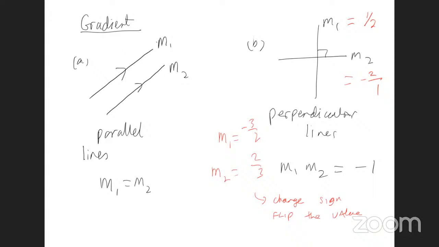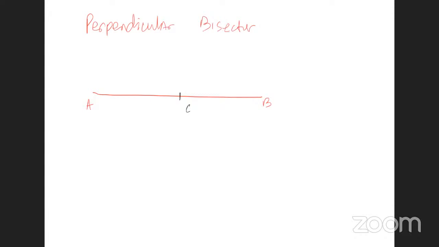So, anybody writing? If I ask you for the perpendicular bisector of a line, let's say I gave you this line AB, and I want you to find the perpendicular bisector. First thing you need to do is get a midpoint. Let's say the midpoint is C. And then draw a line through that that's 90 degrees.